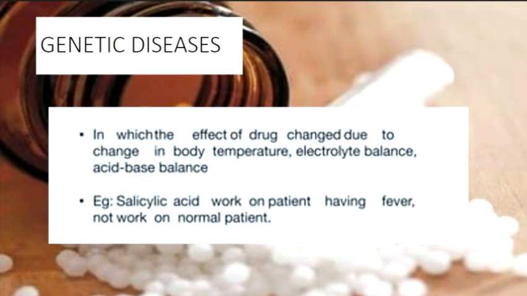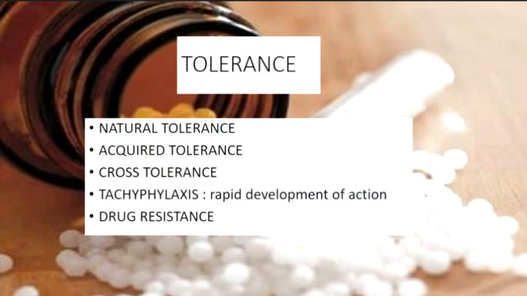And acquired tolerance means repeated use of a drug in an individual for a long time causes a larger dose to be needed to produce the same effects. So, if a patient is taking paracetamol for a long time and again they get fever, and you give paracetamol again, it does not work in their body because their body has developed a tolerance against it. So it should be changed.